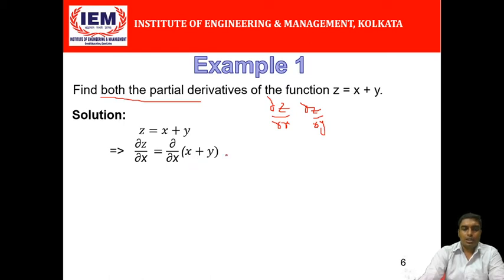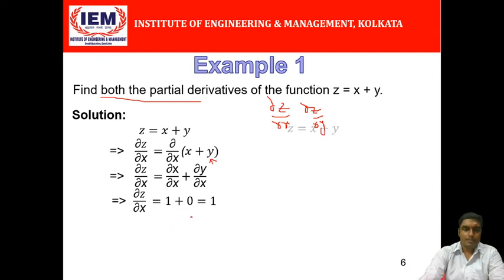I already told you that when I differentiate this function, I treat the other independent variable, y, as constant. So if I differentiate this, y term will be 0 and the x term will be 1. So del z del x will be 1.